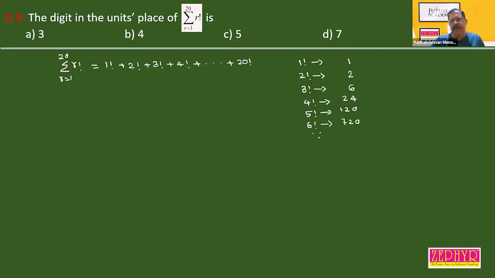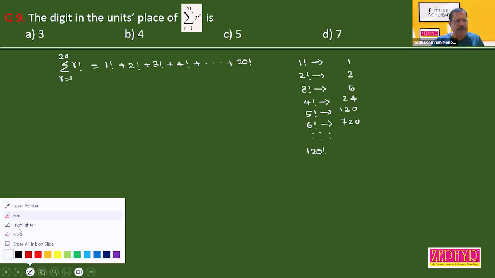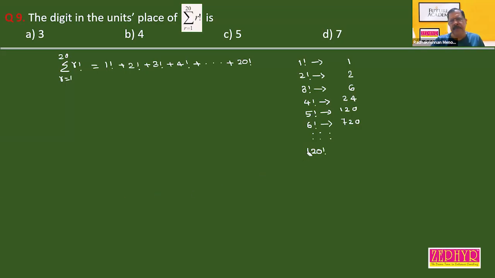Now, whatever factorials you write after 5 factorial, you will be getting the digit in the unit place as 0. In 20 factorial, you need not calculate, but you are sure that the digit in the unit place will be 0. Unit place is always 0.